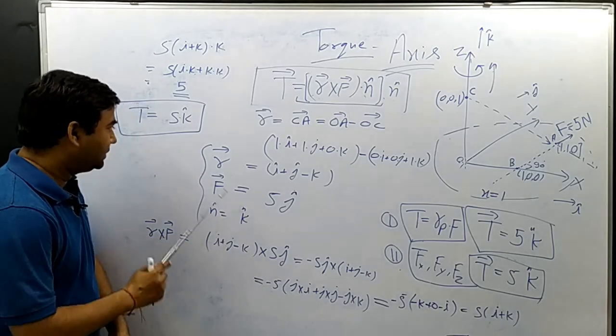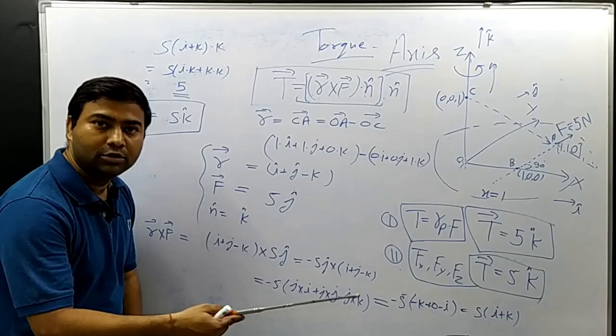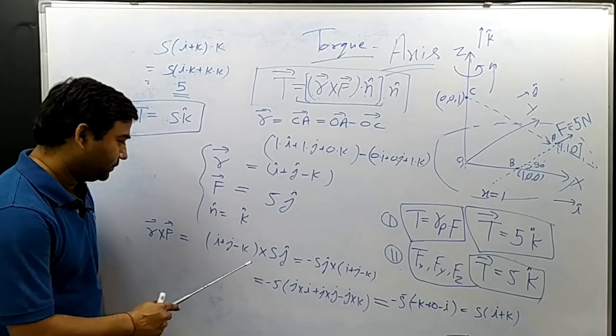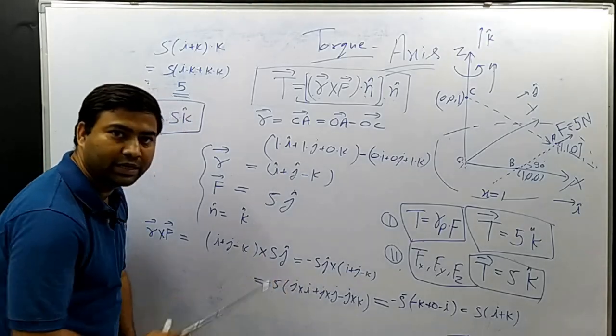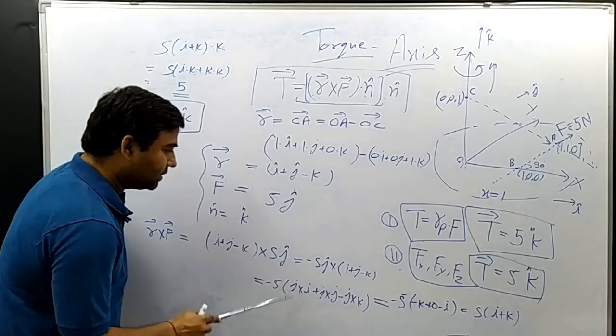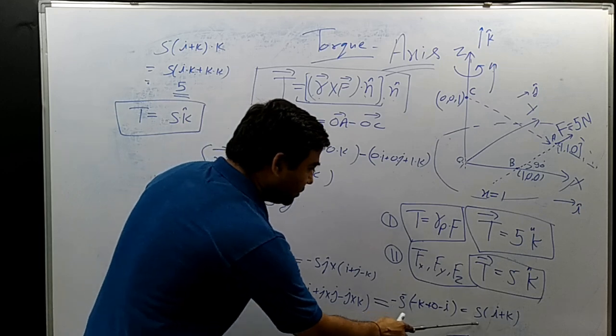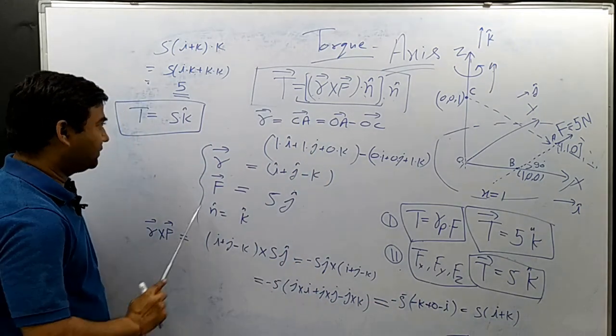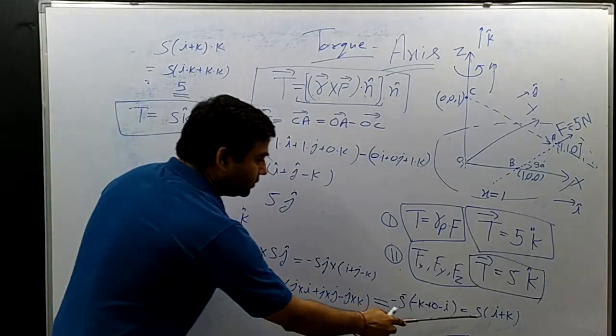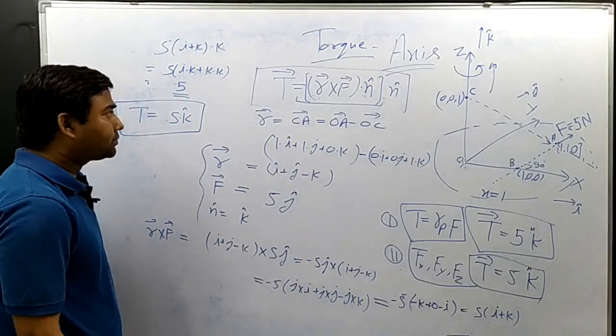We have just reversed it by a cross b is equal to minus b cross a. So it can be written as minus 5j cross (i plus j minus k). After carrying out this operation, it comes out as 5 times (i plus k). So r cross F is 5 times (i plus k).